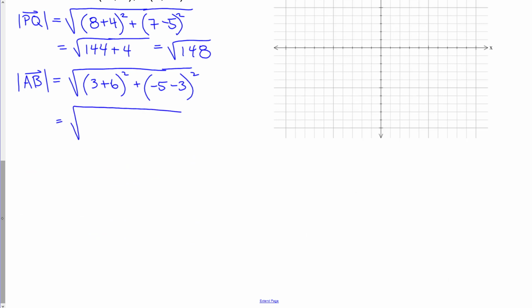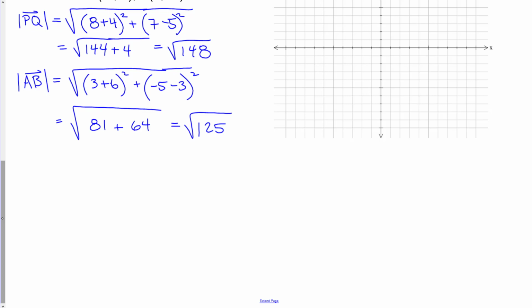Three plus 6 is 9. When I square 9, that's 81. Negative 5 minus 3 is going to be negative 8. When I square that, that is 64. And so when I take 64 plus 81, I get 125. Which again, I could easily reduce that one.